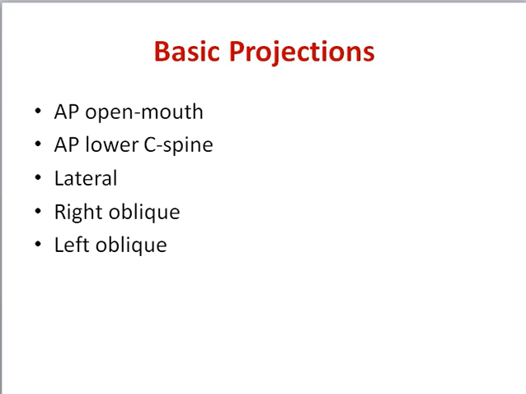Now there are a few basic projections that require some detailed discussion. On standard investigation, we have some schemes to consider, because if there is some sort of problem, a patient comes to you with atlantoaxial instability, and you suspect somebody to be having fixed or locked neck in just one position, and the patient is very apprehensive to move.